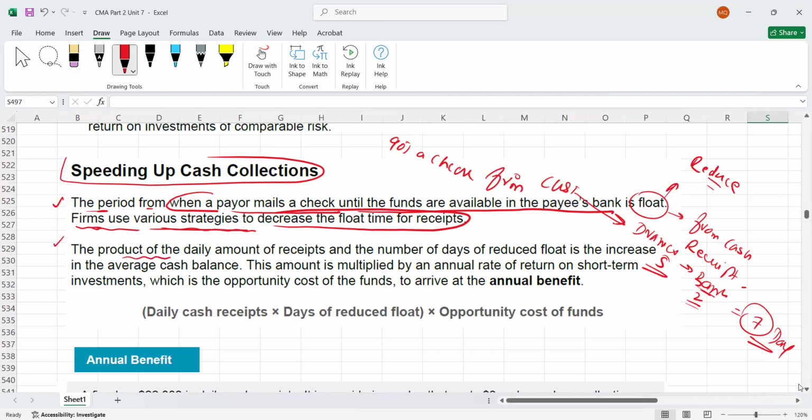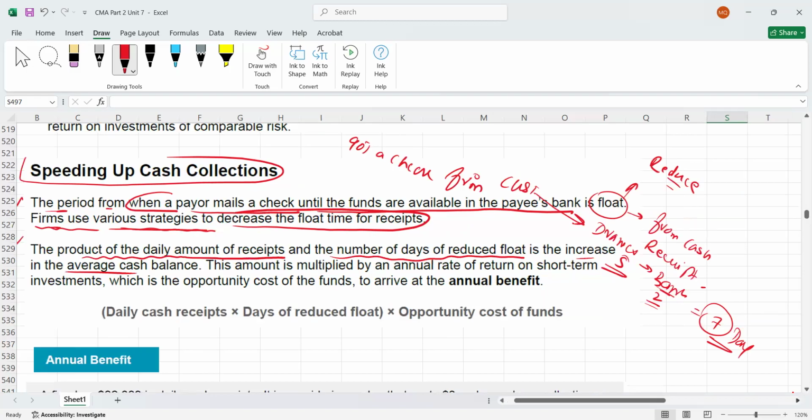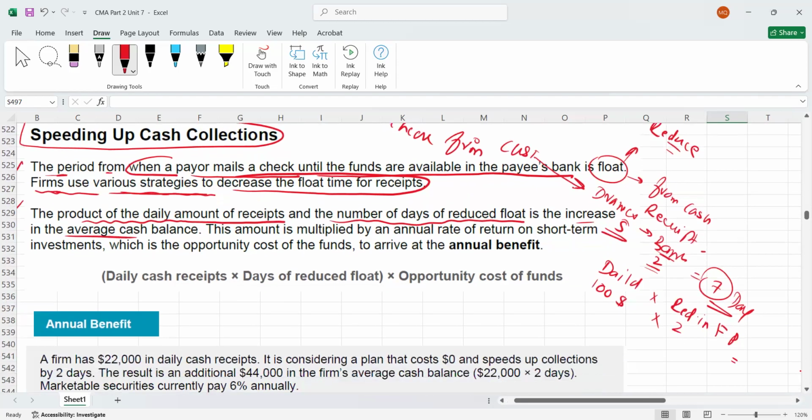They're saying the product of the daily amount of receipts and the number of days of reduced float is the increase in your average cash balance. What they're trying to say is, for example, if your daily cash receipt is $100, let's assume, and you are successful in reducing your float period by 2 days, so the reduction in float period is 2 days. It means you saved cash of how much?